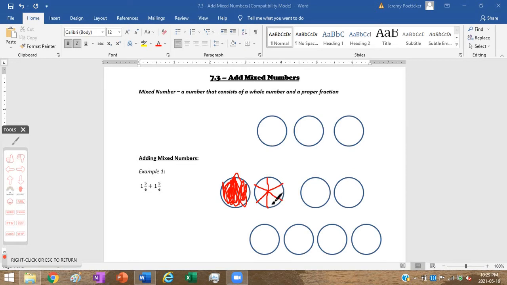A bunch of little triangles here, so 1 and 5/6: 1 complete and 5/6 of another. And here's another complete, so this is my second 1 and 5/6.